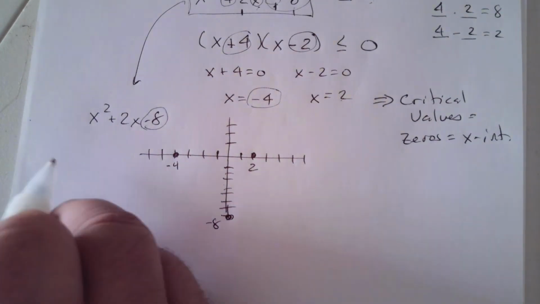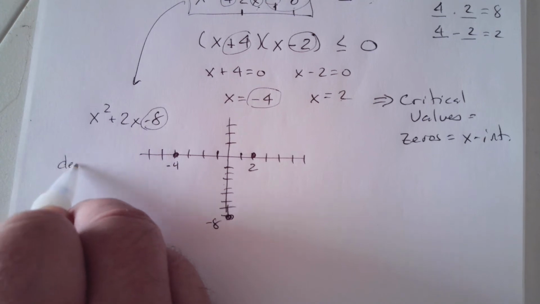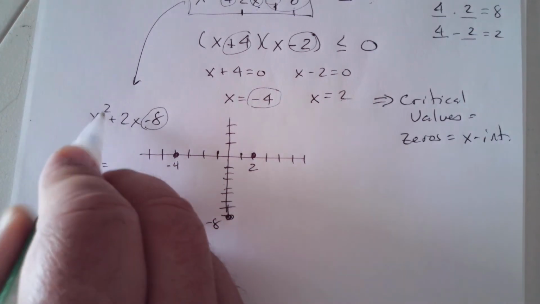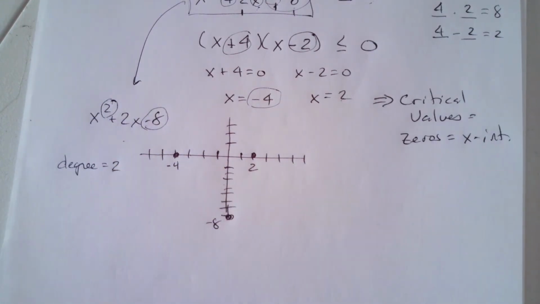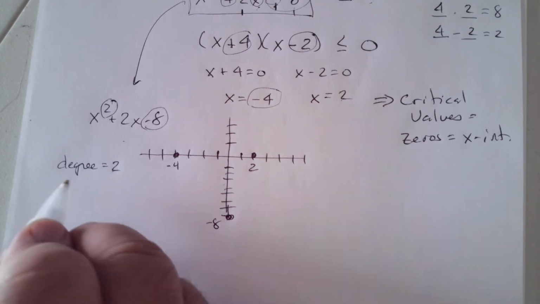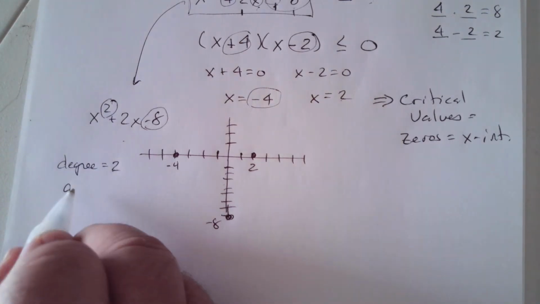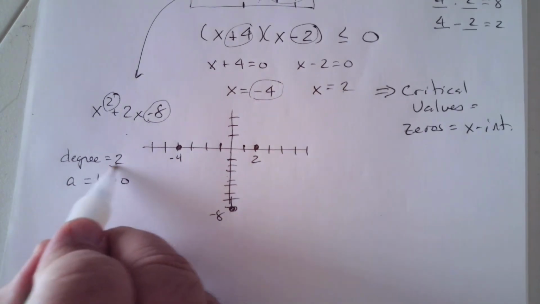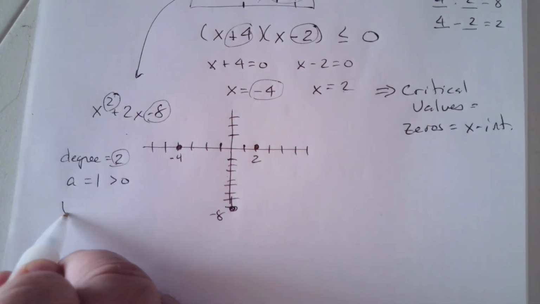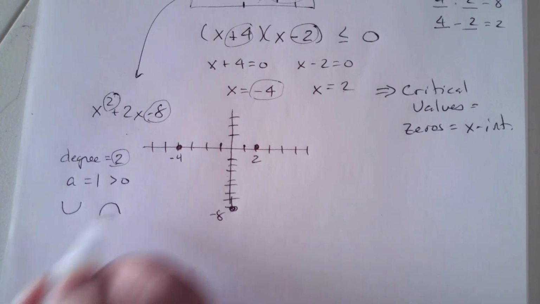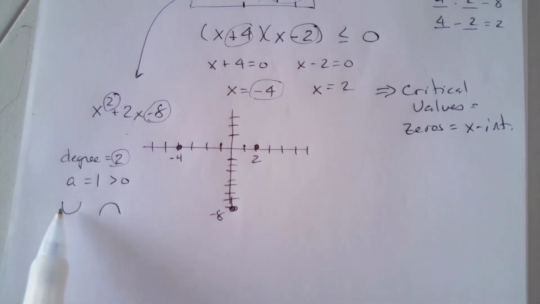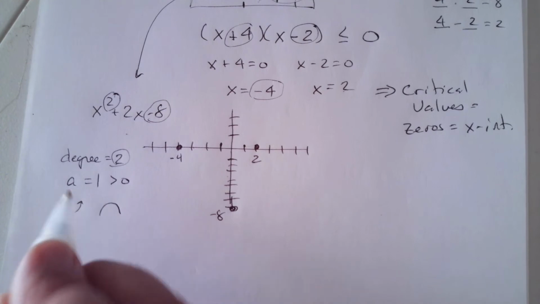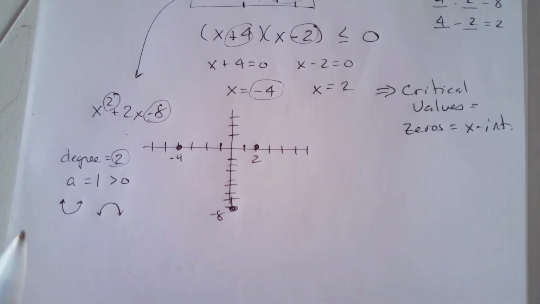So we know the points. Now, the degree of the equation is 2, it's the highest power, and the coefficient in front of x squared is 1, which is greater than 0. With degree 2, the ends point the same direction. Either they both point up or they both point down.